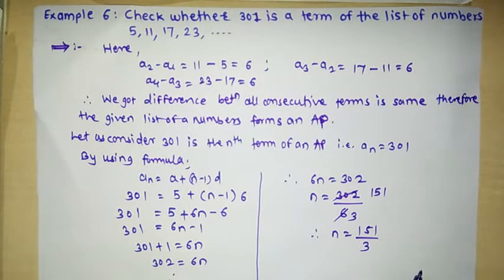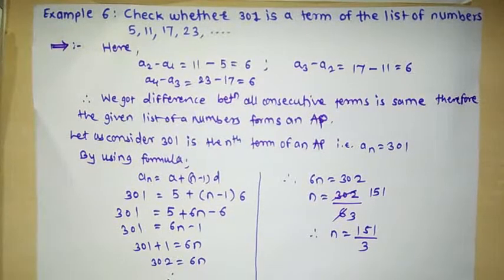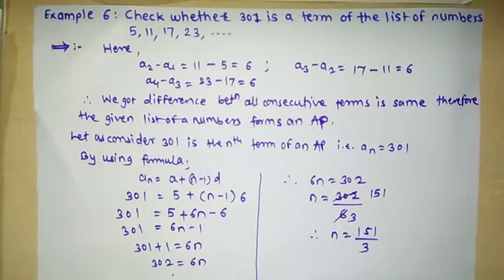Here we got the value of n in the form of a fraction. But we know that n indicates what? N indicates which term, that is the number of the terms. Now can we say that 301 is the 151 by third term? No, because we can say that 301 is a second term, third term, fourth term, but here we cannot say that 301 is the 151 by three term.